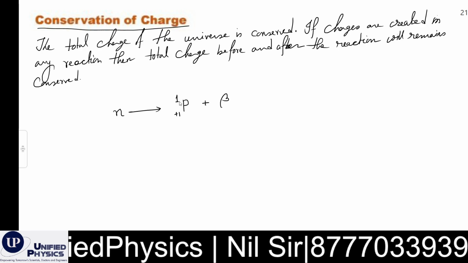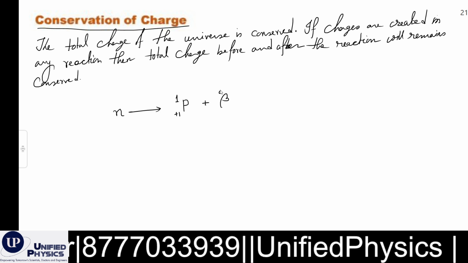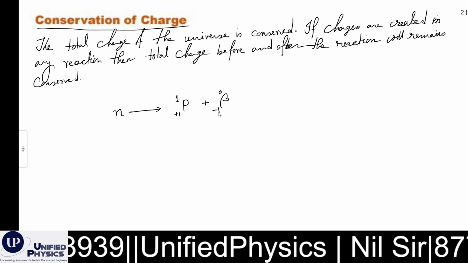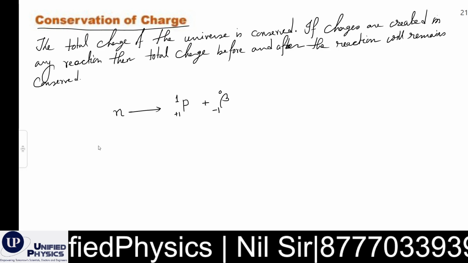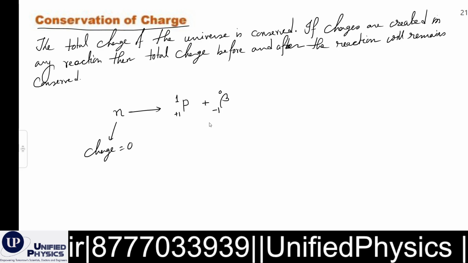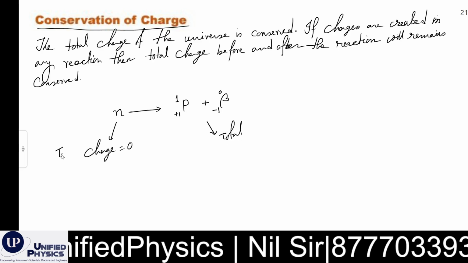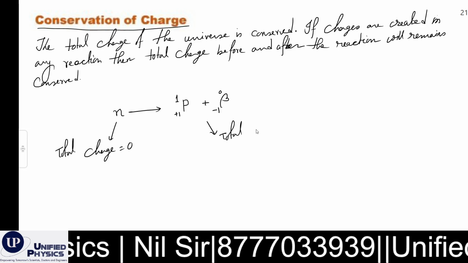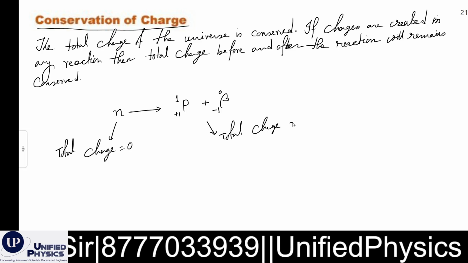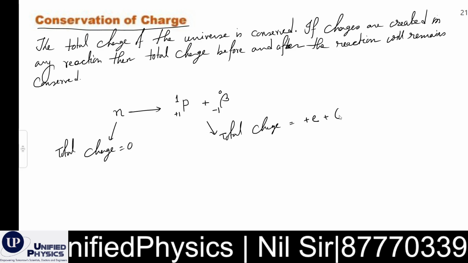The mass of this beta is equal to 0, and its charge is negative. So before the reaction, charge is 0. After the reaction, total charge is equal to plus e plus minus e.